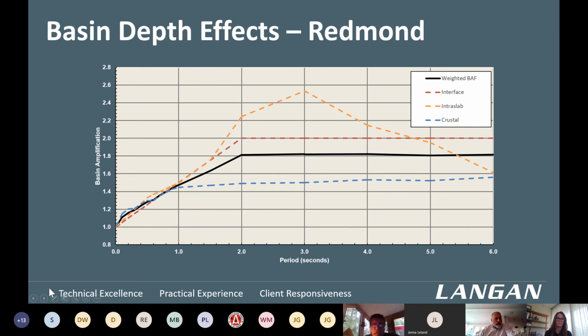It amplifies the motions as you go to a period of about 1 second, on the order of about 1.5 times. And then for this particular site, we got to a value of about 1.8 for periods longer than 2 seconds. So we include these kinds of quantifications in the Washington, Seattle area.